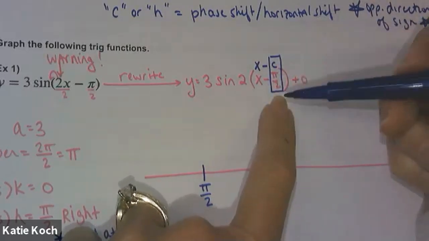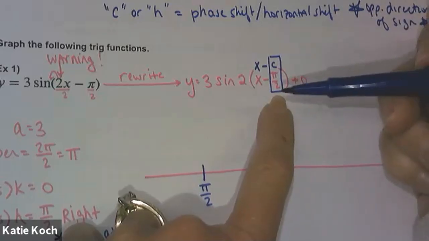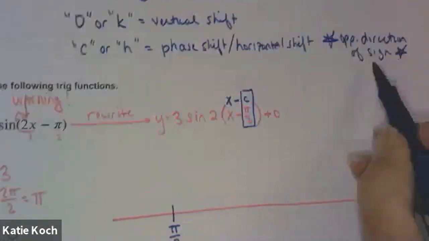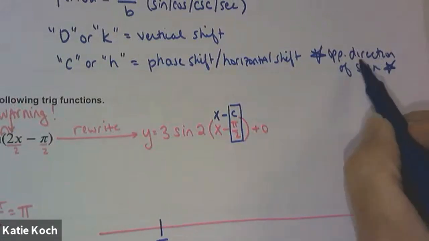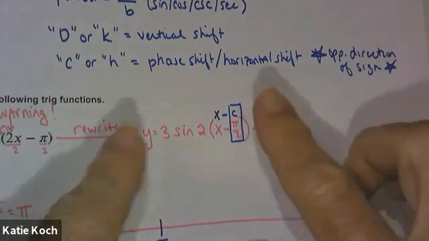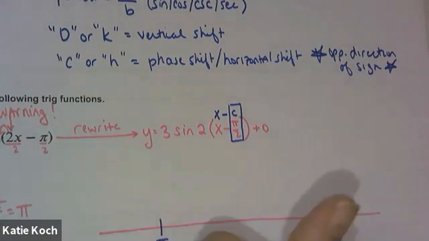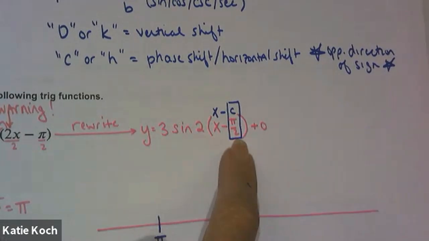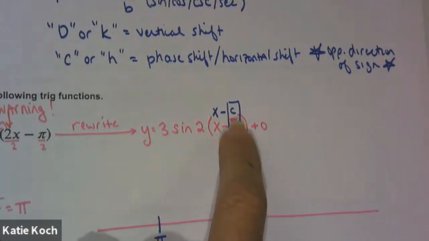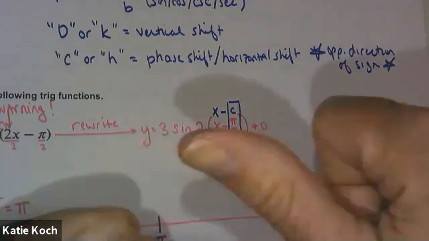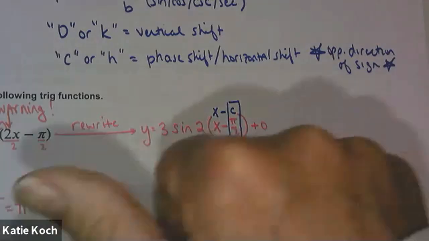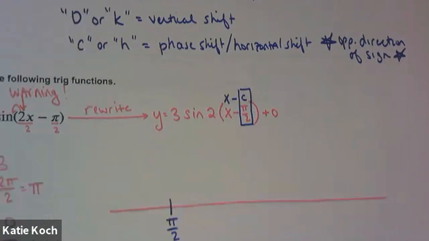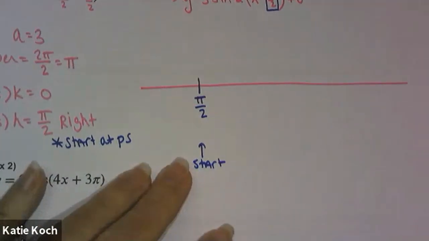So pi halves is c, meaning that that's pi halves to the right. That's why I always say it's kind of opposite. It's opposite direction of the sign. So if it's x minus pi halves, you actually shift to the right. If it was x plus pi halves, then that would be like an x minus a negative pi halves, so that would shift to left. So a plus sign shifts left and a minus sign shifts right. It's all backwards. Okay, thanks for letting me know that you got that.